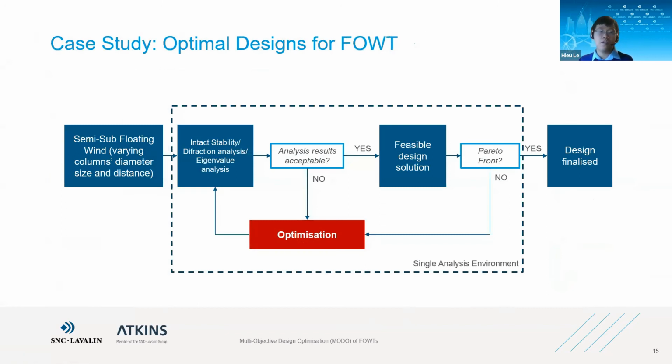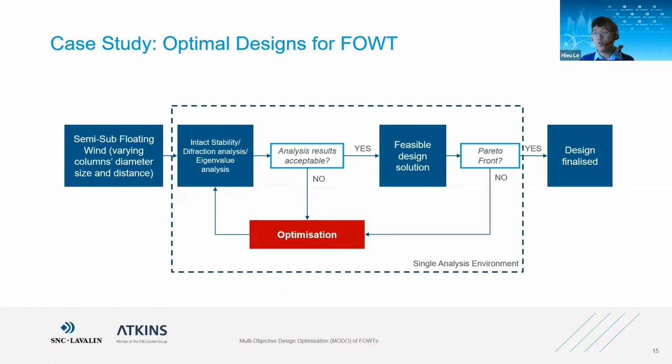Interestingly, to address a very complex situation, you can still use the same approach as in the optimization problem in bottom fixed offshore wind, but apply it to the floating wind concept. I would give a simple example so that everyone could understand. In this simple example, we first vary the column diameter and then the distance between columns, and then we run the intact stability, diffraction analysis, and eigenvalue analysis.